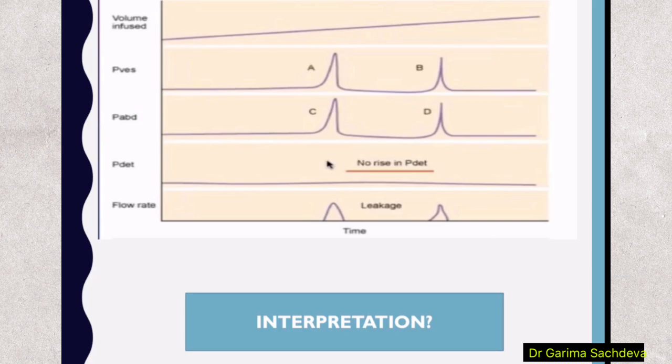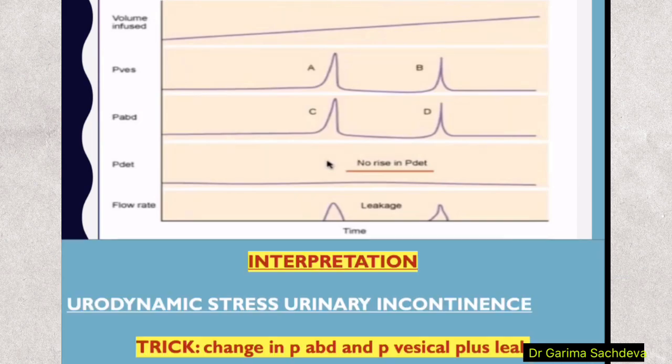So when there is an increase in vesical or abdominal pressure, like during coughing, there is leakage associated with it, and there is no change in detrusor pressure. So this is stress incontinence. There is a change in P abdominal, P vesical with leak. That is stress incontinence.